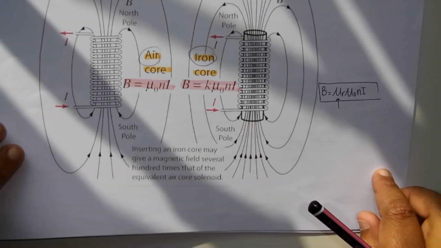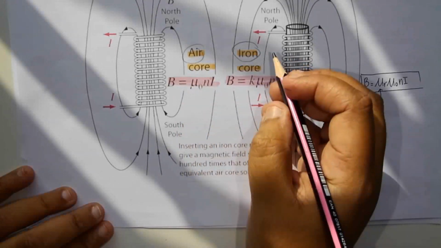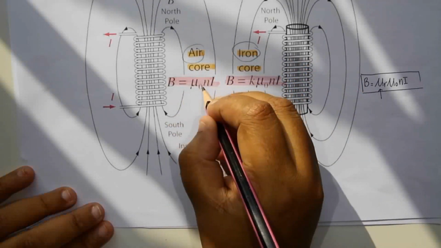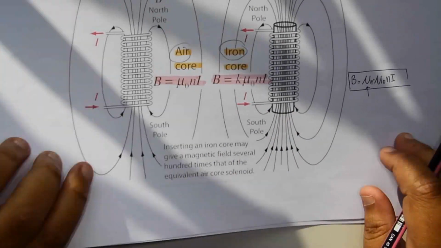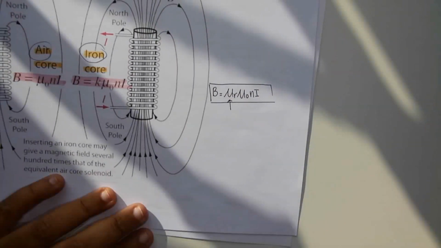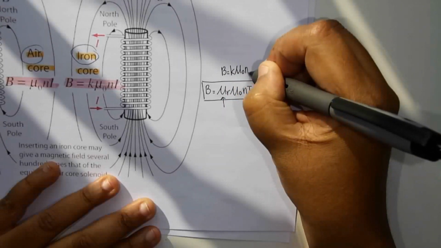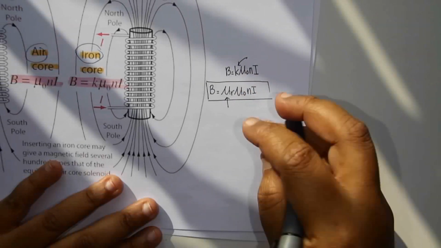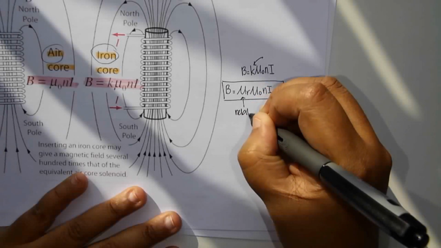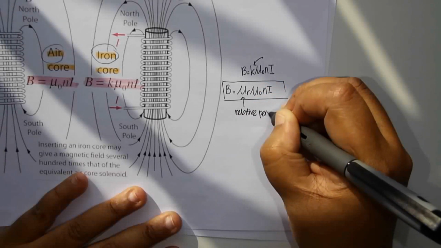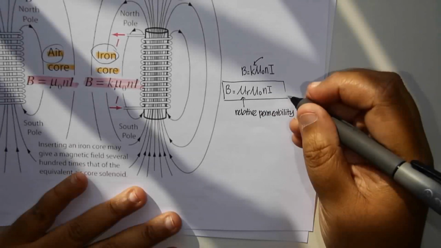Now, with an air core, the value of B will be μ₀nI within the solenoid, or we say the center of the solenoid. But with the iron core, the formula will be B equals kμ₀nI, where k equals μr, which is called the relative permeability of soft iron.